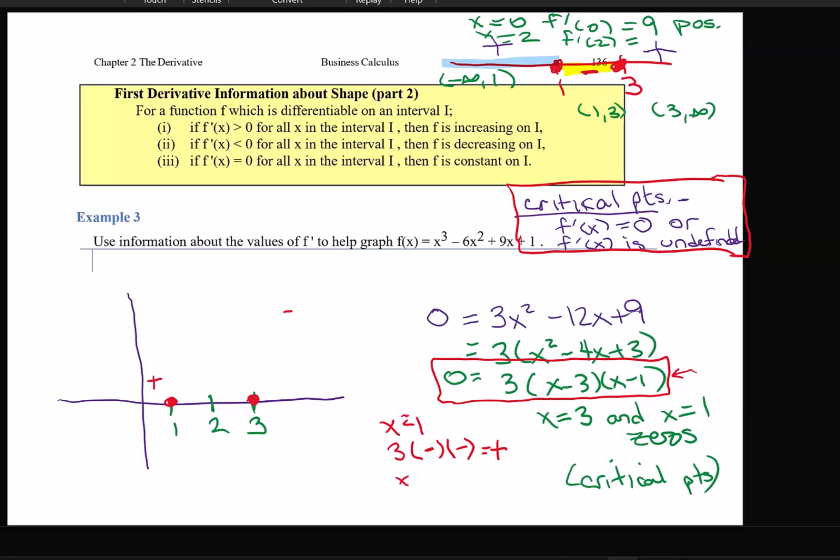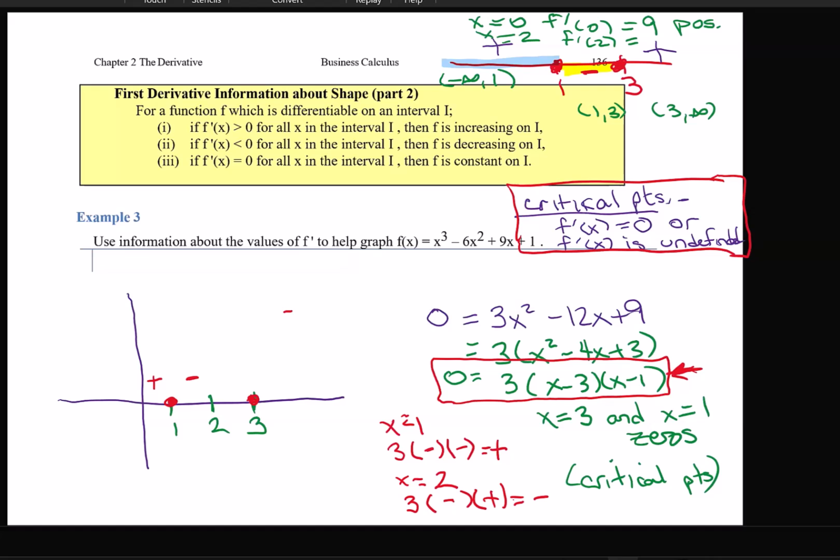When x equals 2, I have 3 times, and I'm looking right here, x minus 3 is negative, but 2 minus 1 is positive, which gives me a negative value. So between 1 and 3 is negative. I don't really care what the number is. All I care is if it's positive or negative.